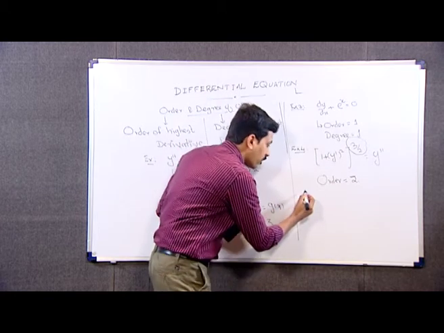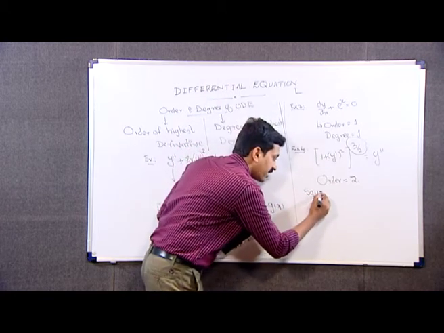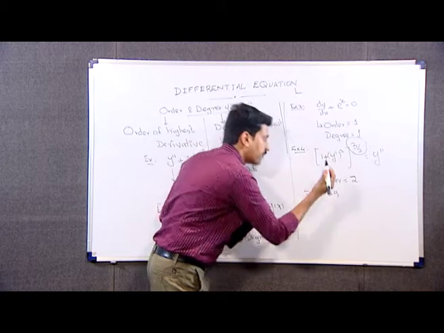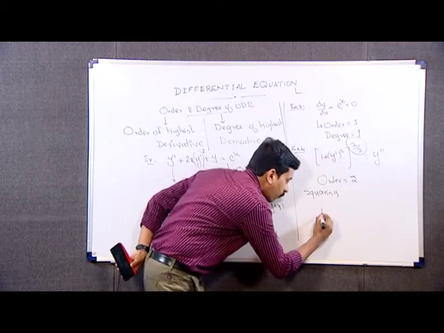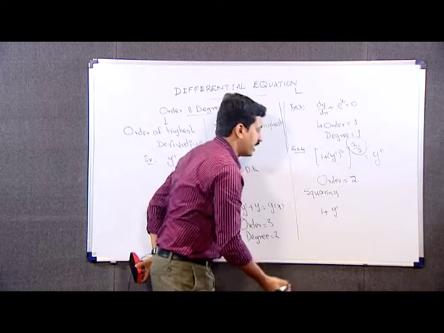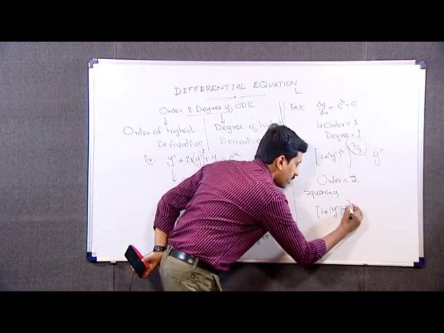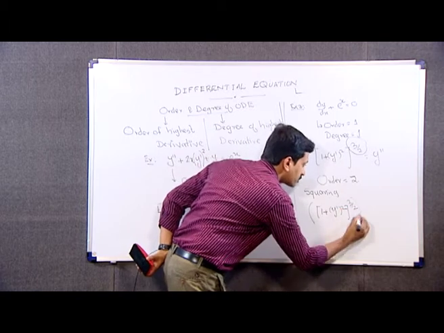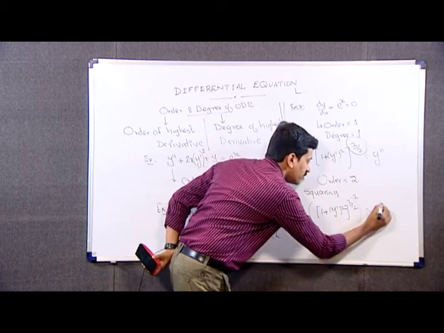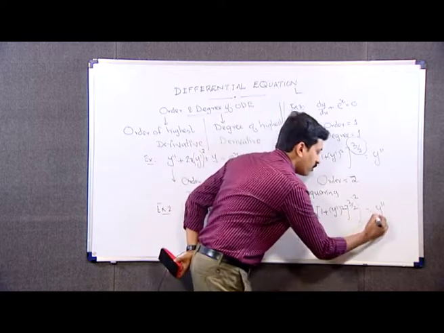So, taking squares on both sides, squaring. After squaring, (1 plus y dash square) whole raised to 3 by 2, whole square, is equal to y double dash whole square.